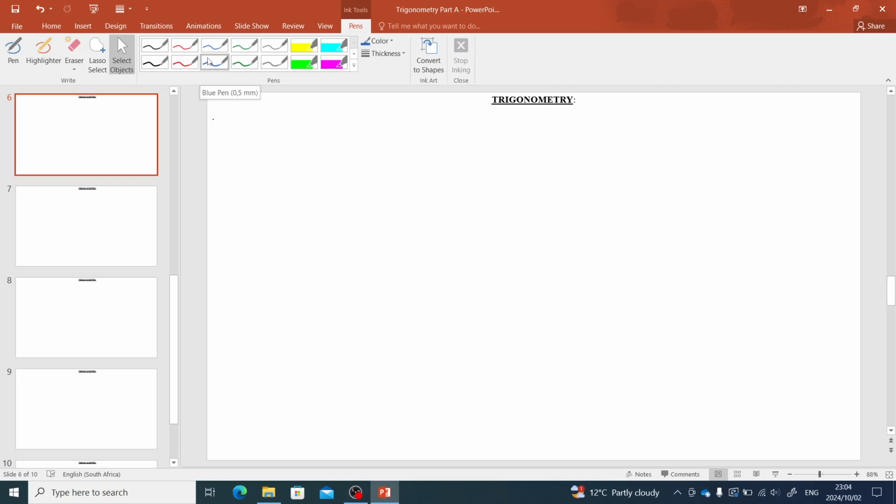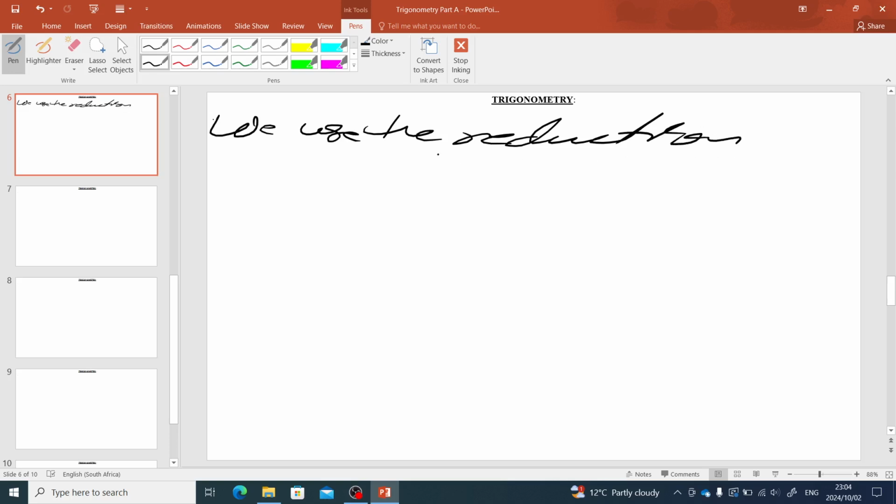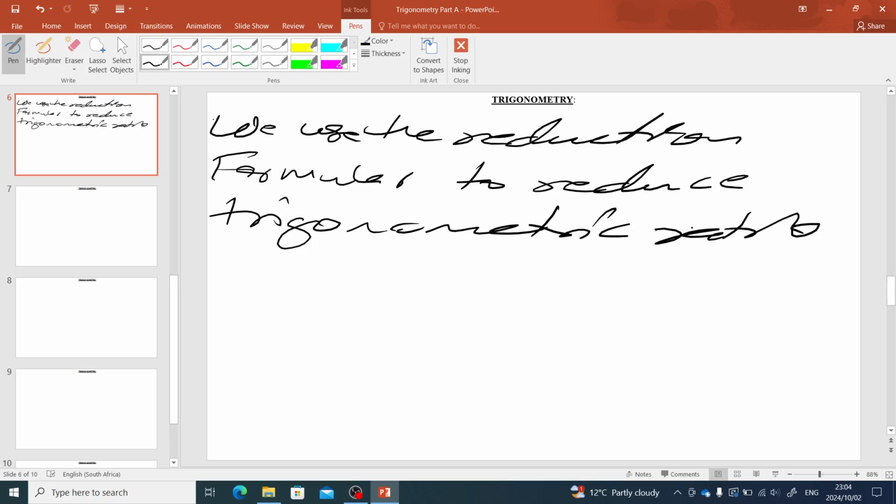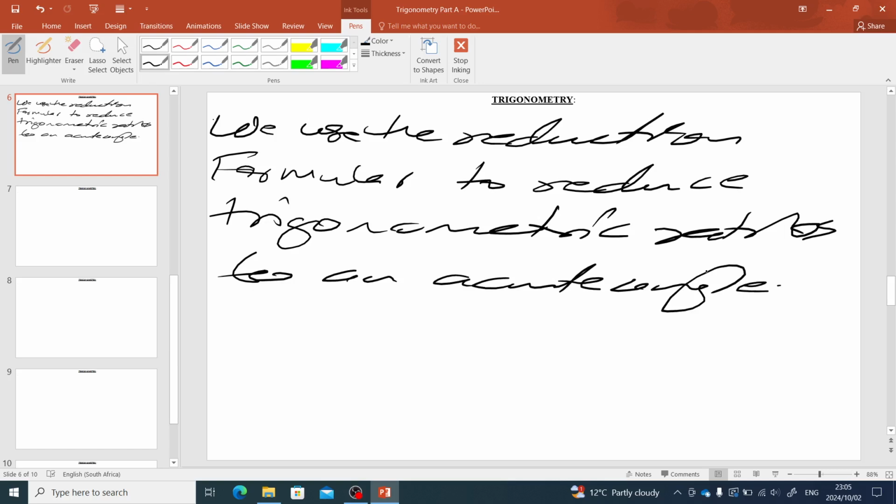We use the reduction formula to reduce trigonometric ratios, your sine, cos, tan, to an acute angle. That's what we are doing under reduction formulas.